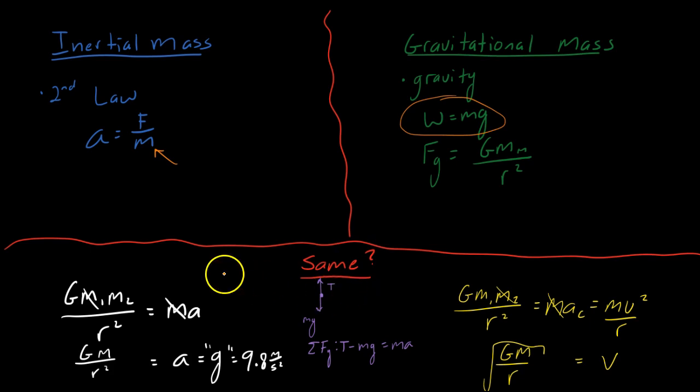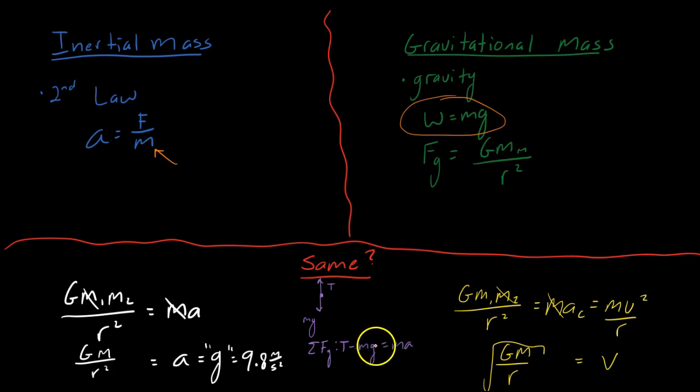When we set up Newton's law of universal gravitation, especially recently, and tried to solve for g, we crossed off these m's. This whole gravitational field strength assumes these masses are the same. When we did the sum of the forces back in October, we always just assumed these masses were the same value.